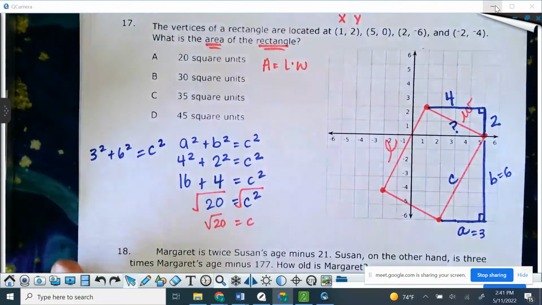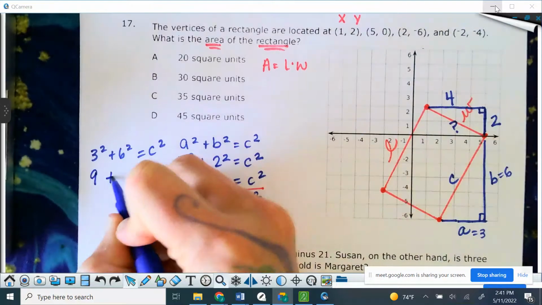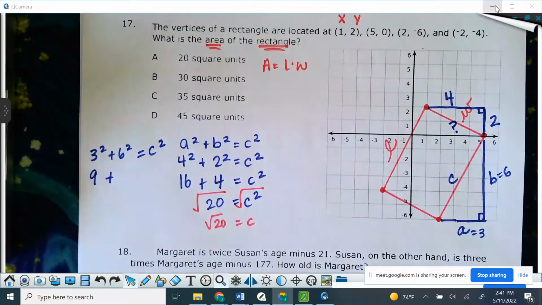So somebody tell me what 3 squared is. Timmy, how about you? What's 3 squared? Yep, 3 squared is 9. Good job. What's 6 squared?